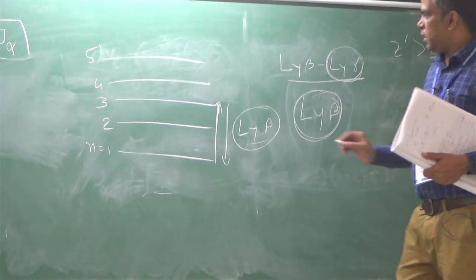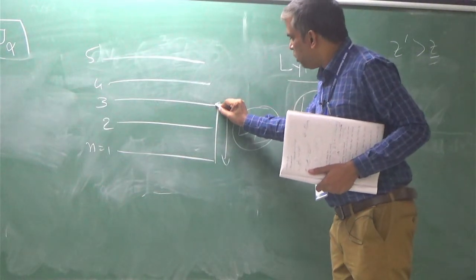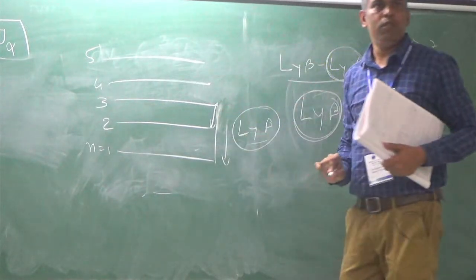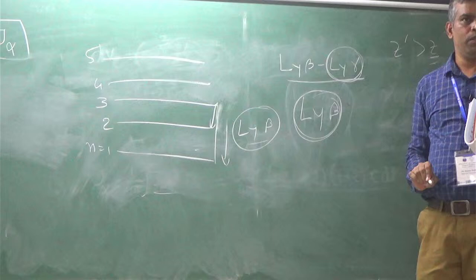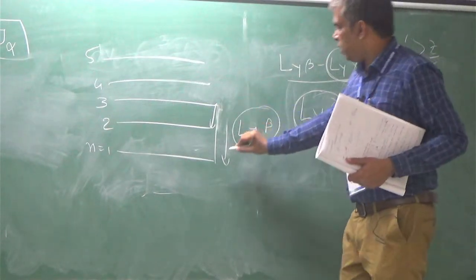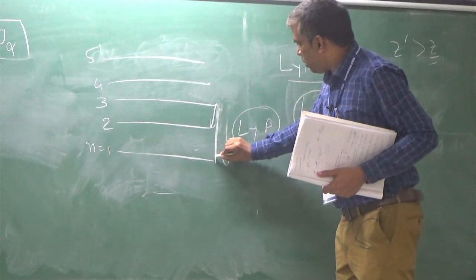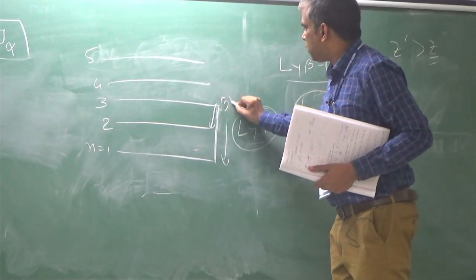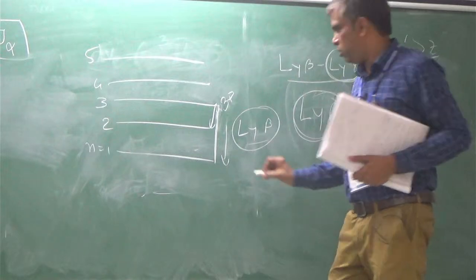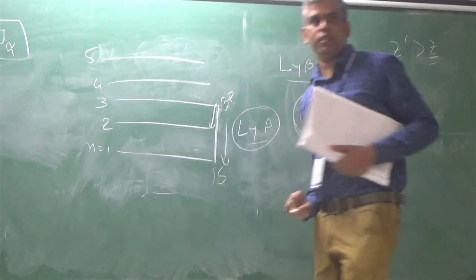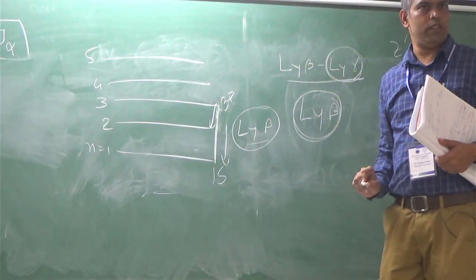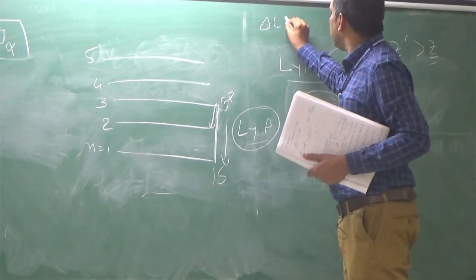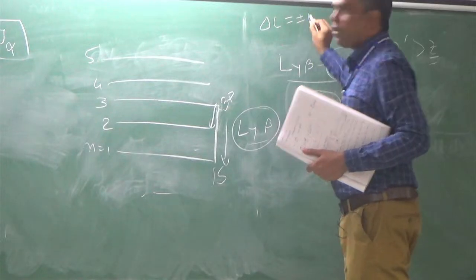The next possibility is that it can cascade down to n equal to 2. Now see, when they are going to n equal to 3, actually it is going to 3p state because of the selection rule. Because it is from 1s state, and the selection rule is delta L is plus minus 1.